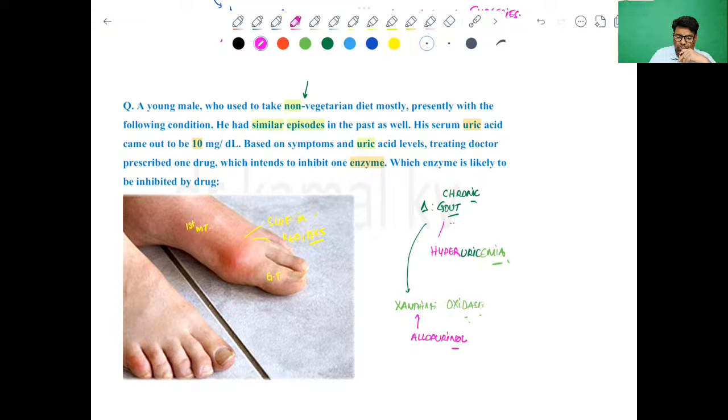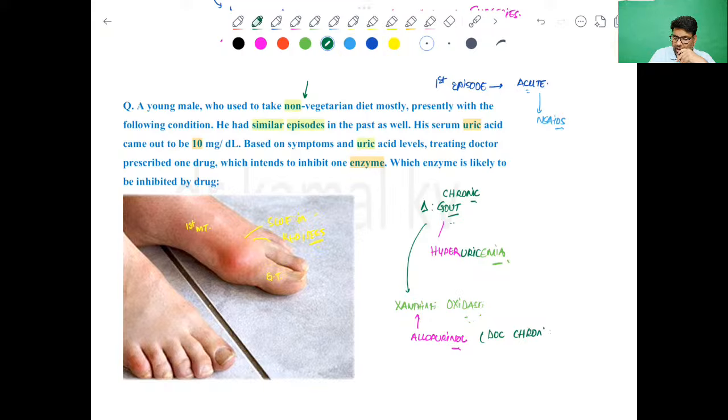Suppose this patient was having the first episode, then it is acute, and for acute, Himalayan, you are absolutely right, we can give NSAIDs, right? So for the first episode or acute gout, we can give NSAIDs, but if it is recurring again and again, then we need to give allopurinol. Allopurinol is the drug of choice for chronic gout.